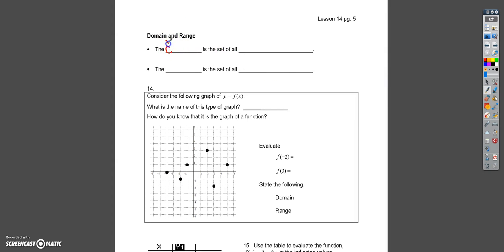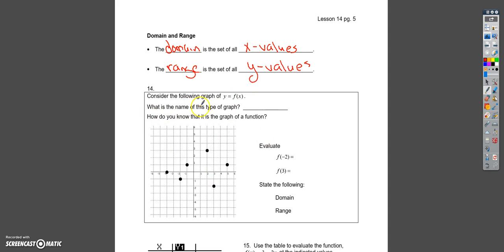The domain is the set of all x values. The range is the set of all y values. Consider the following graph of y equals f of x. So they're not really telling us what the function is, it's just that it's a graph.